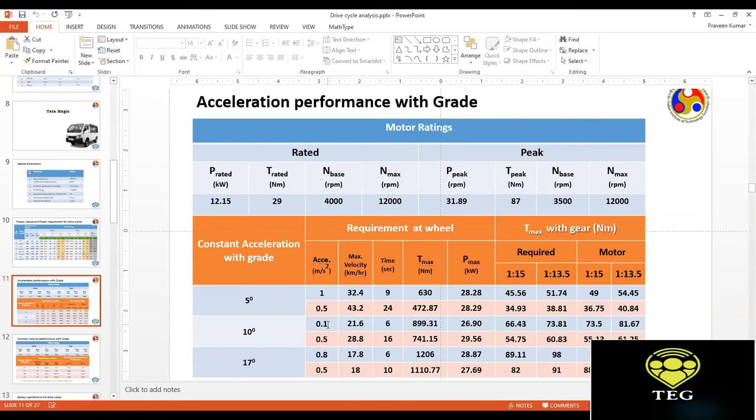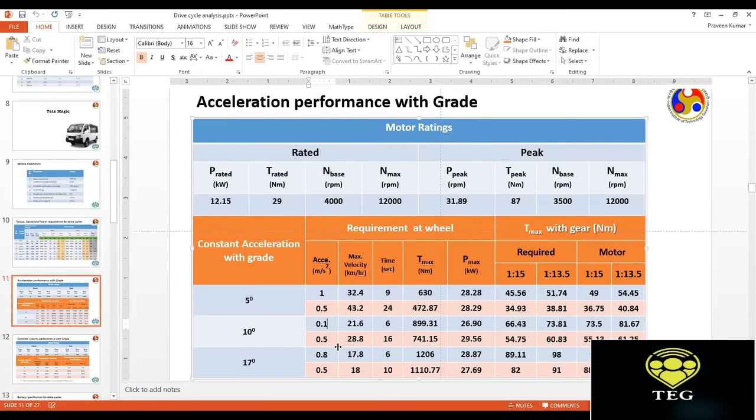Now another example about acceleration. If you want to go up a grade of 10 degrees, and you want to maintain an acceleration of 0.1 meters per second square, and you want to reach a maximum speed of around 21 kilometers per hour within 6 seconds, then the maximum torque that you need at the wheel is around 900 newton meter, and the power that the wheels would need is around 27 kilowatt.